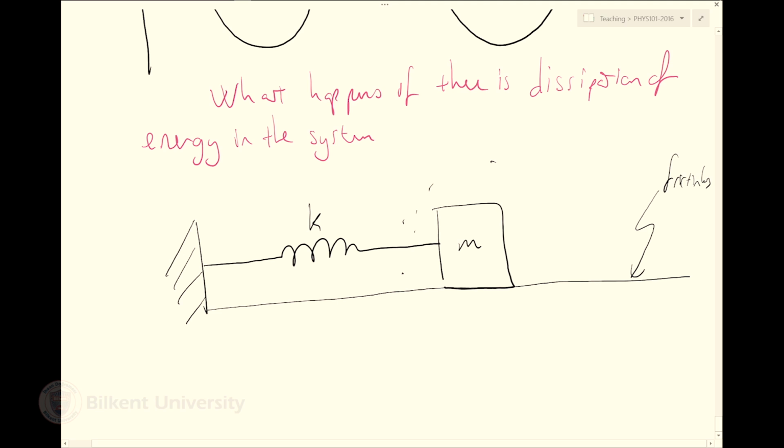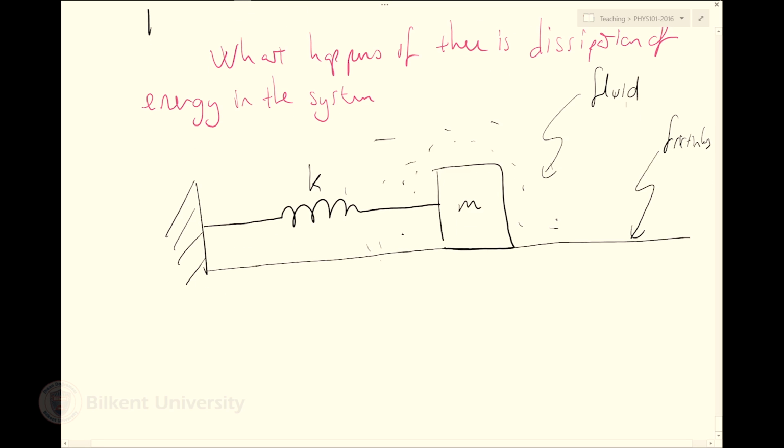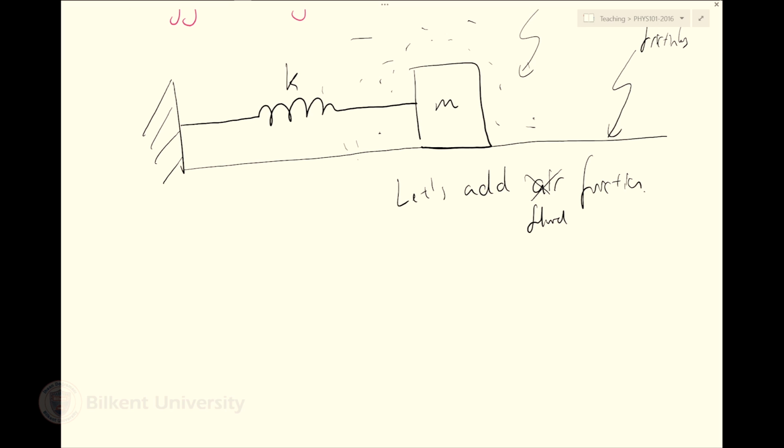But let's say this is in some fluid, like air. So let's assume that there is some air, or let's say fluid friction to our system. Now we would like to understand what kind of motion this oscillator does with such a friction.